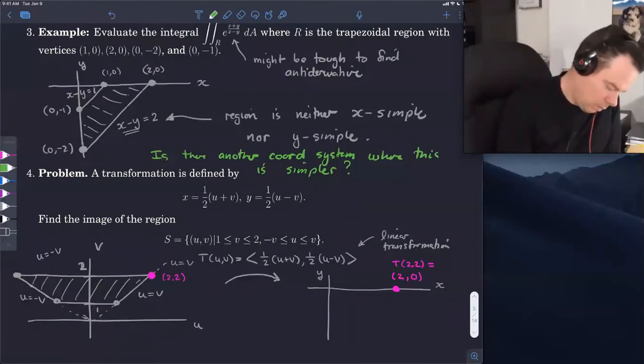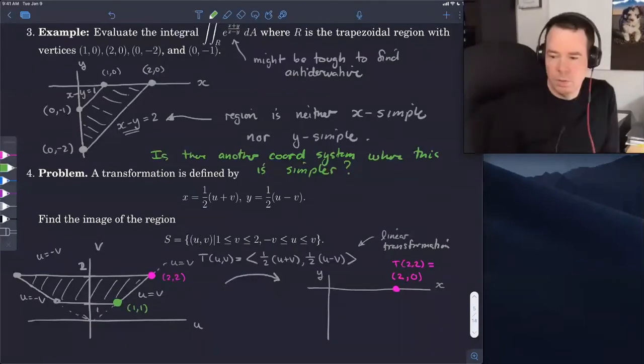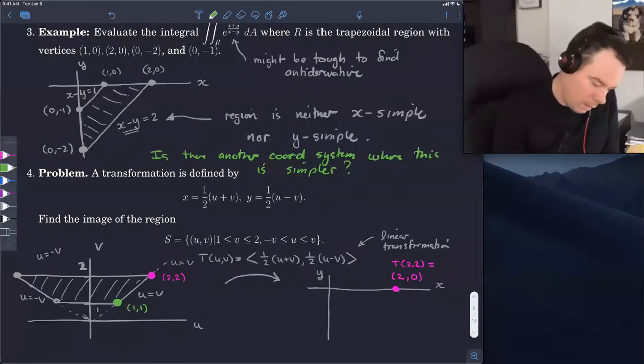What's our next point? Maybe I'll do this point here. This point here is going to be 1, 1. Where does it go to? Well, it gets mapped to 1 plus 1 over 2, or 1. And the Y value is 1/2 of U minus V, or 1/2 of 1 minus 1, which is 0. So it gets mapped to this point, which is 1, 0.